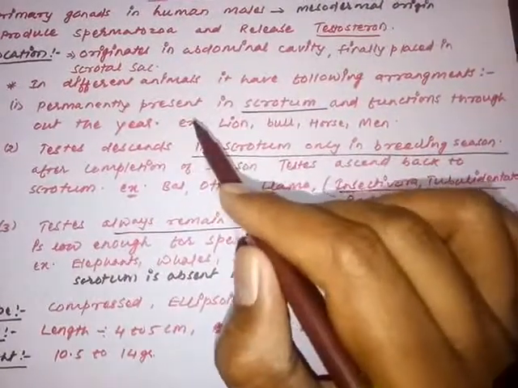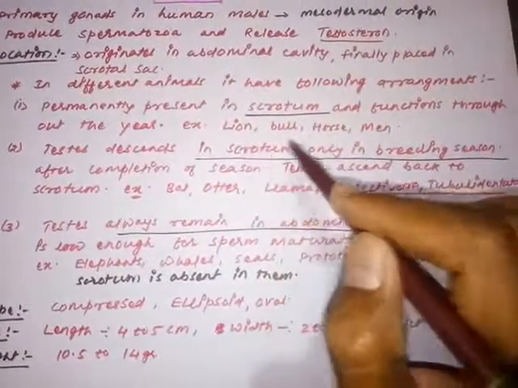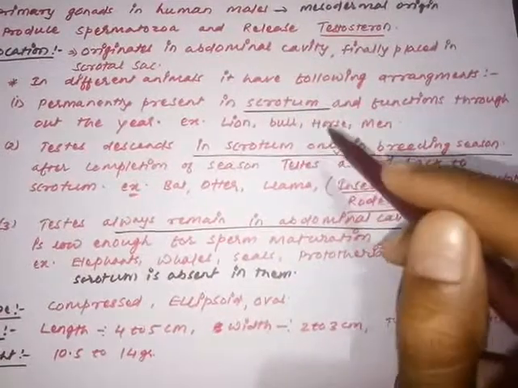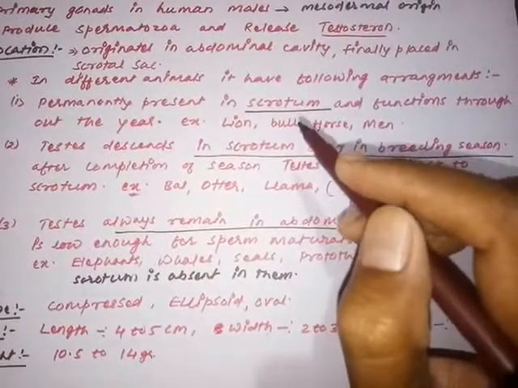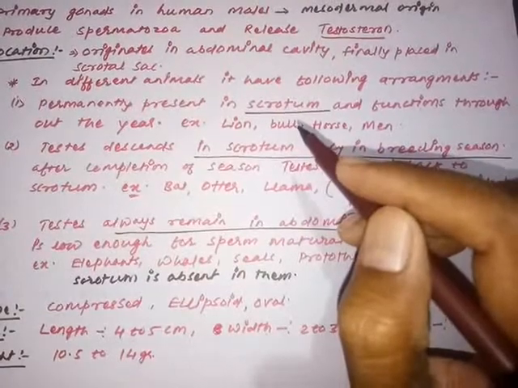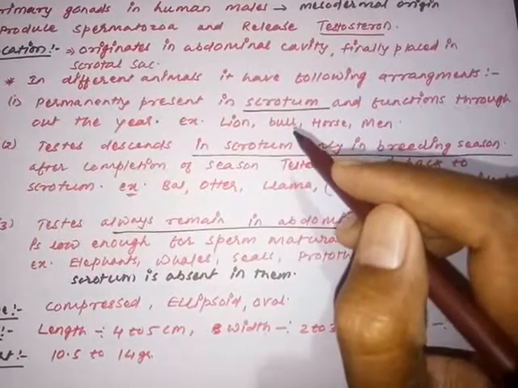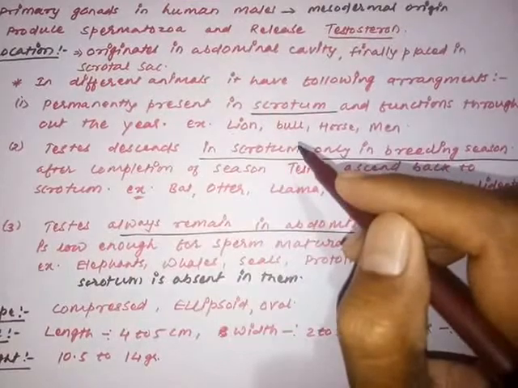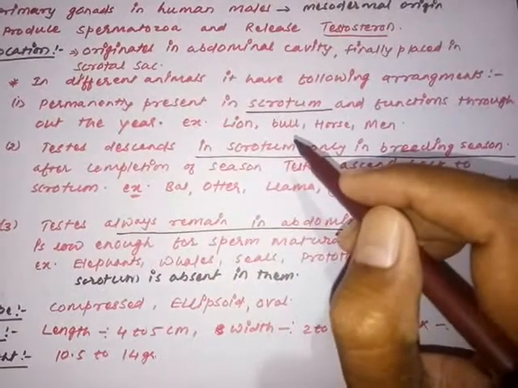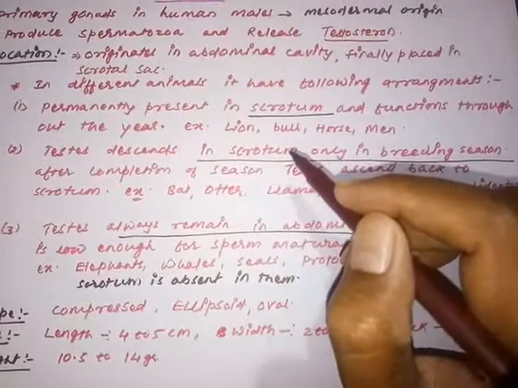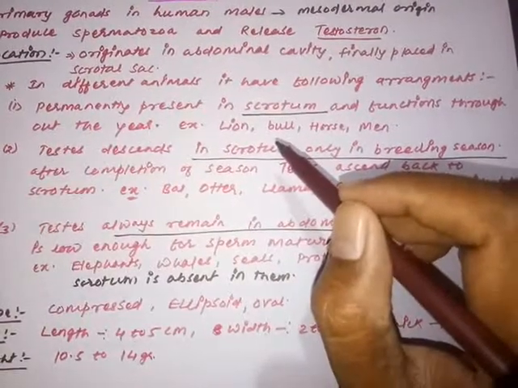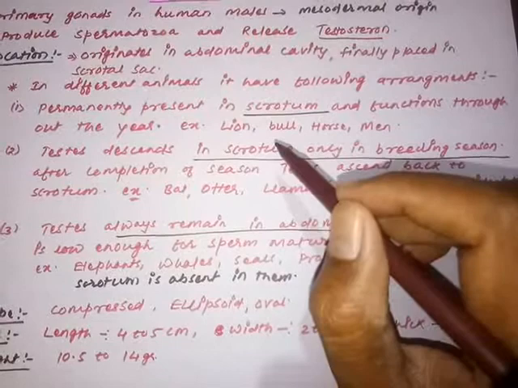Are you getting my point? Permanently present in the scrotal sac and functions throughout the year means this is the case of the continuous breeder. Continuous breeder means the animals which have the capacity to breed throughout the year. Those animals have their testis permanently located inside the scrotal sac, because they can continue to mature their spermatozoa.